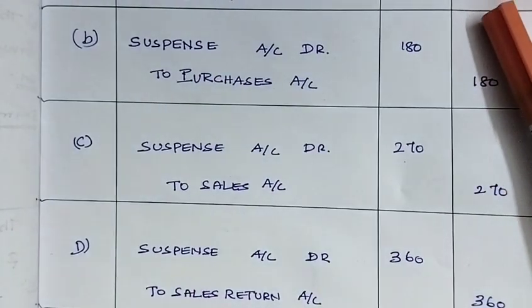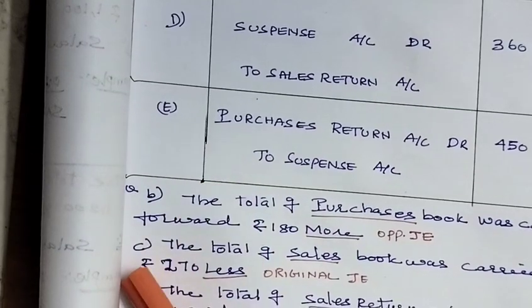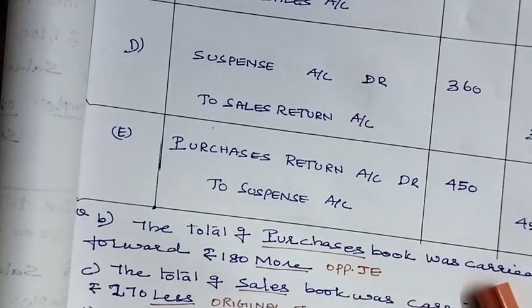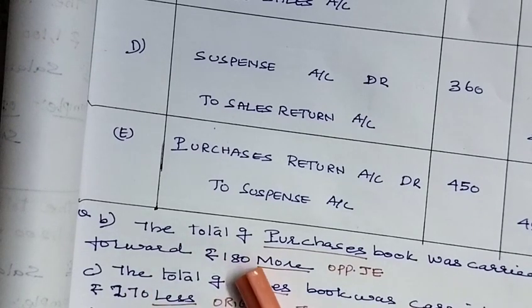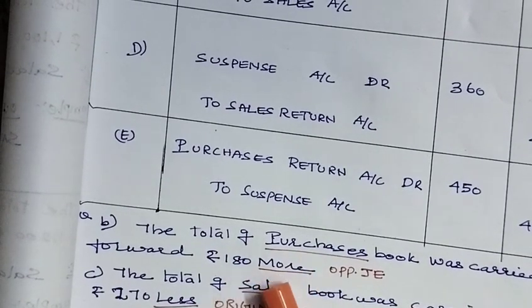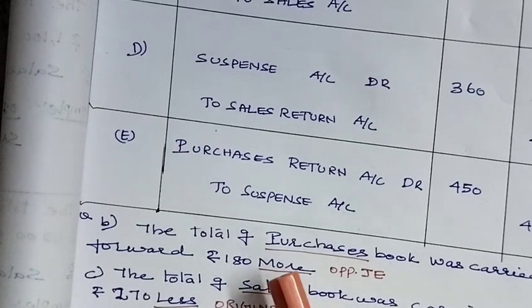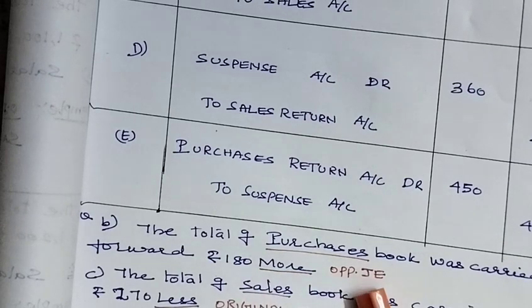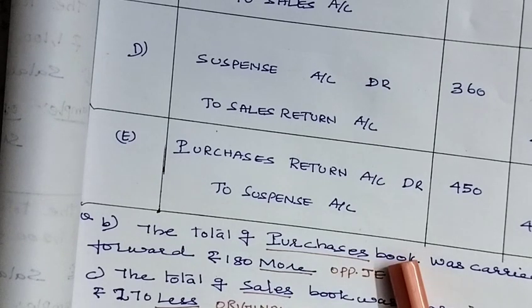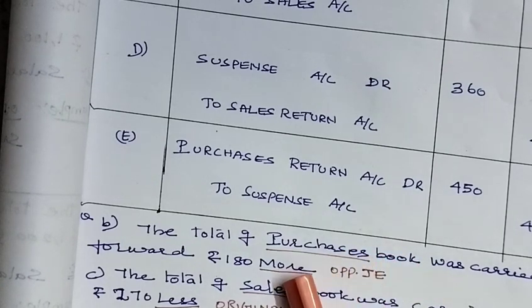Okay. The next transaction is the total of the purchases book was carried forward rupees 180 more. So whenever you see more, over cost, excess like this, you should follow the opposite journal entry. What book is given here?